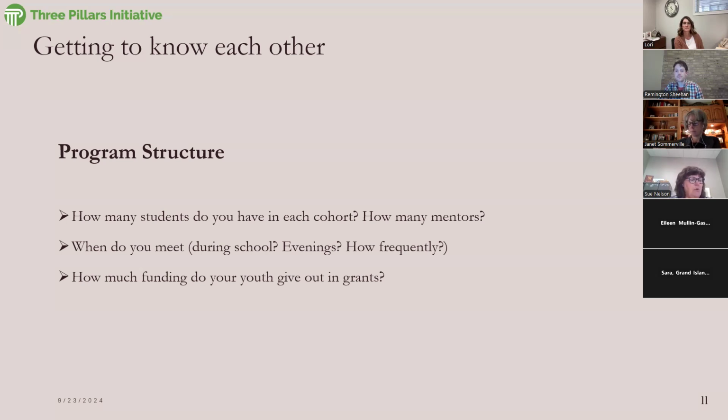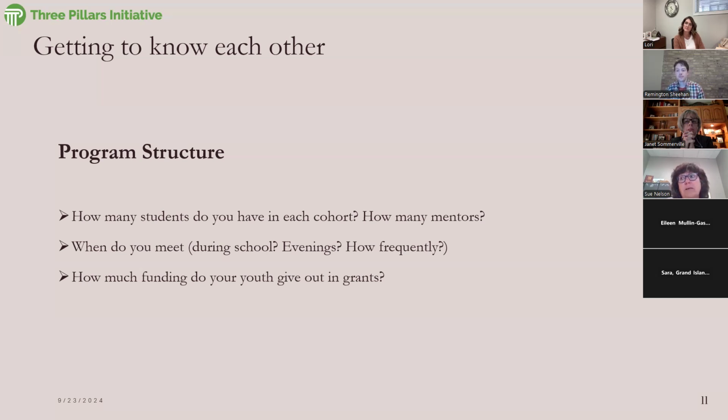And as far as our numbers right now, recruitment has probably been one of our biggest stumbling blocks, trying to get the number of students that we had hoped to have. We were hoping for 20 to 25. Right now, we have a senior cohort of about 8 to 10, something like that, and a junior cohort, which has not started this year because we're still trying to recruit.